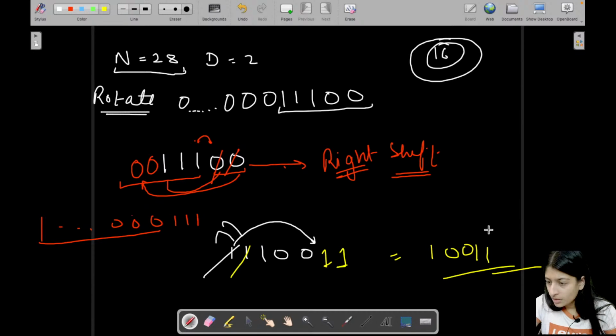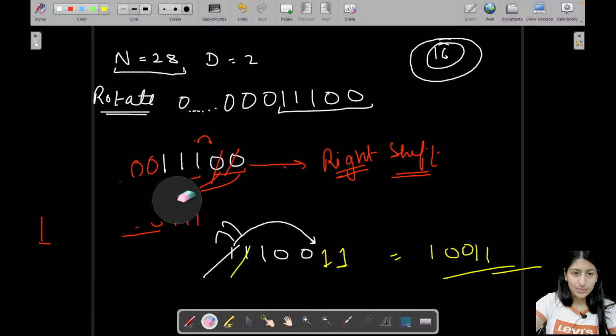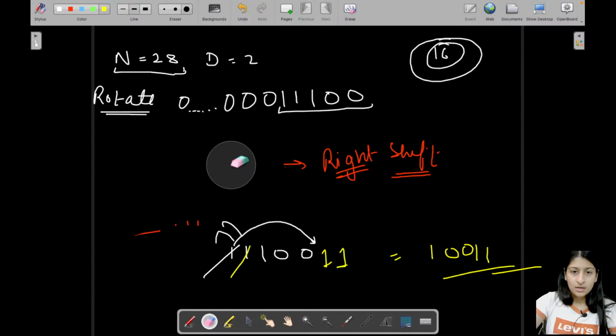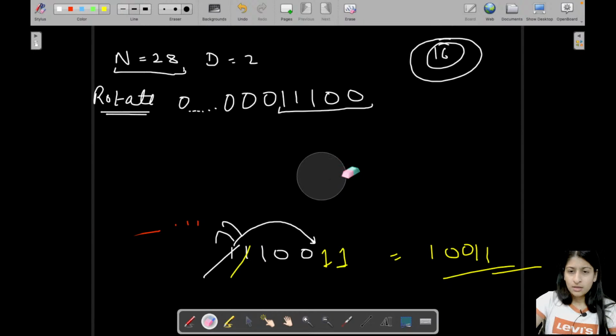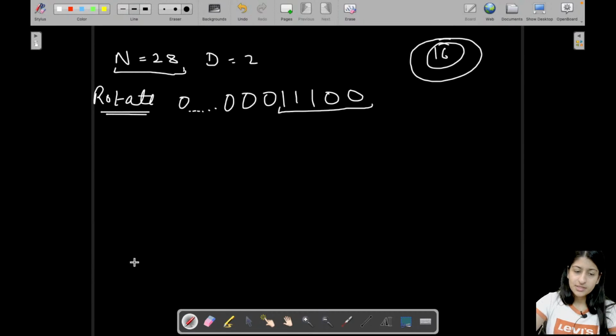I think there was a mistake here while explaining to you guys. Just a moment. What we want to do here is, this is not the kind of rotation I was assuming it to be. So let me take this again.